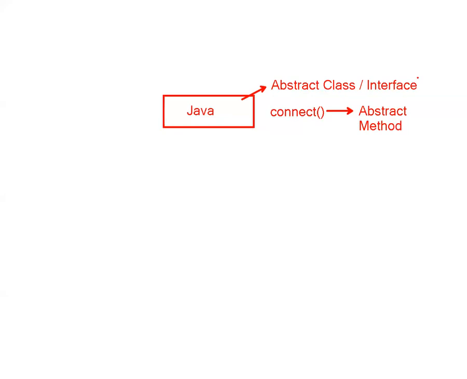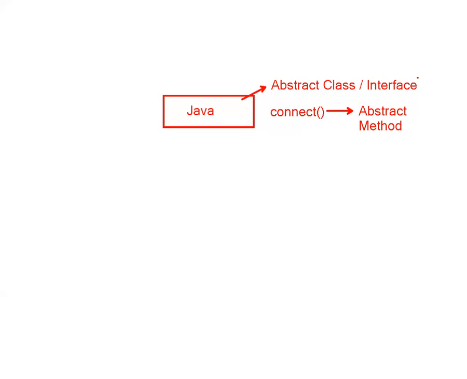But if you want to write abstract class, abstract method not required. Without abstract method also abstract class possible. Without abstract method also interface possible. But for writing abstract method, abstract class or interface compulsory. Understood what I said?